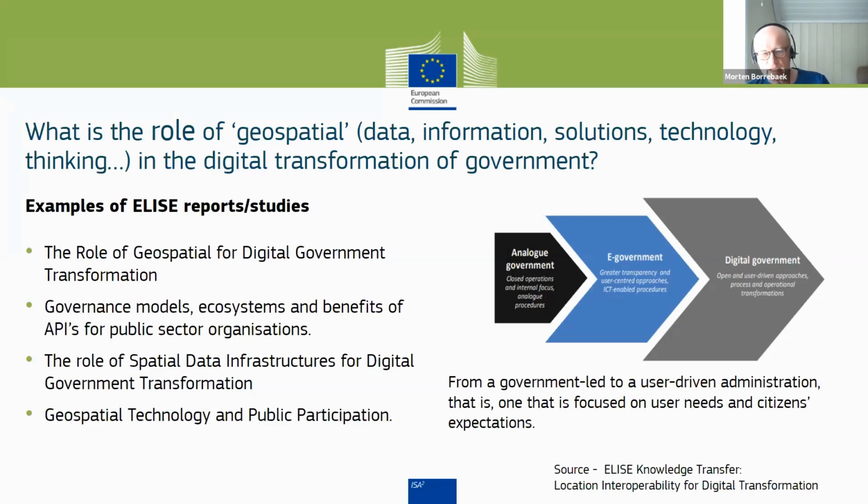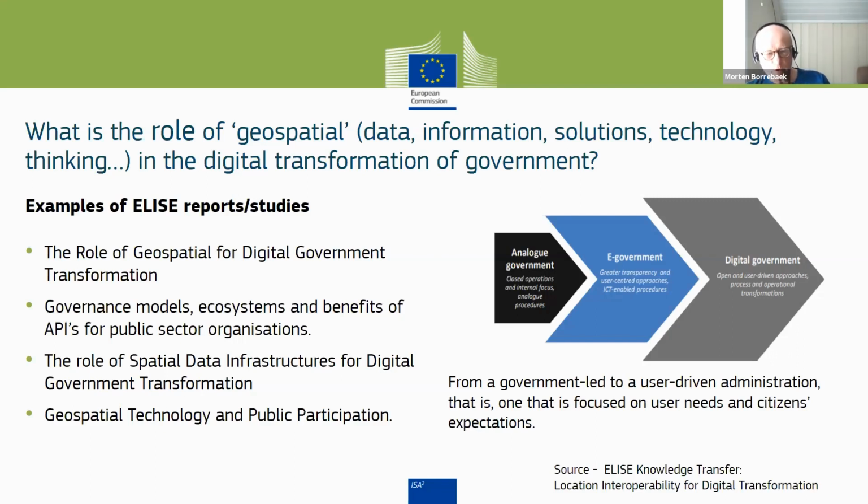We can then think about data, information, solutions, technology. I would of course add standards into this picture. And if you look at some examples of these ELISE reports, it's hard to pick out a few, but I'll still try to do that. For example, the role of geospatial for digital government transformation, governance models, ecosystems.